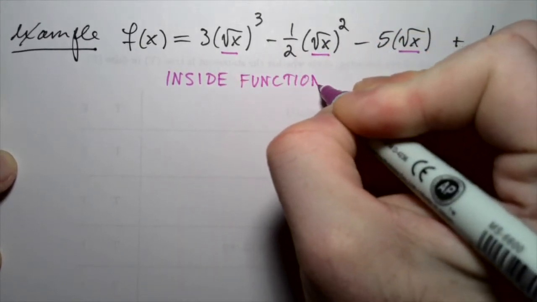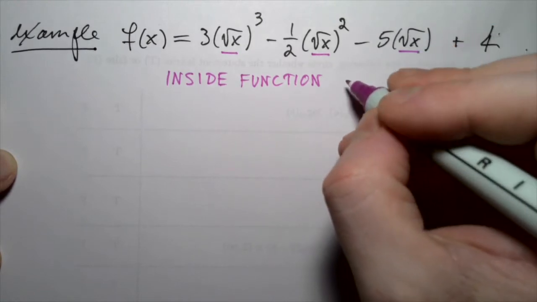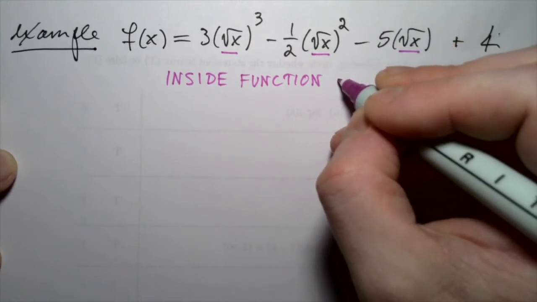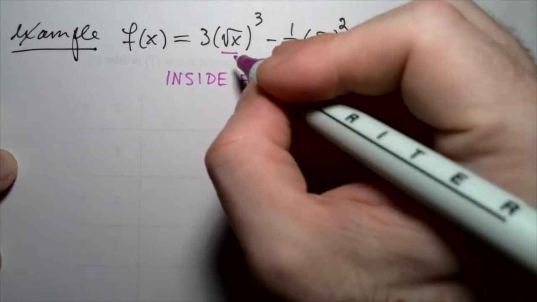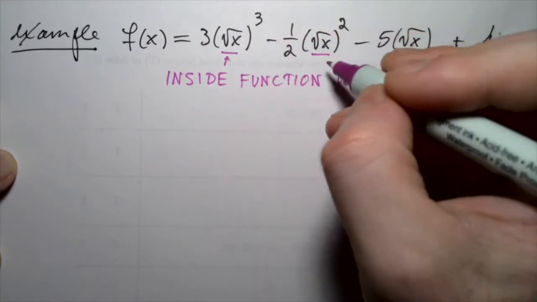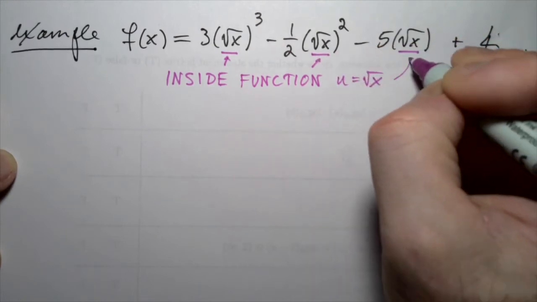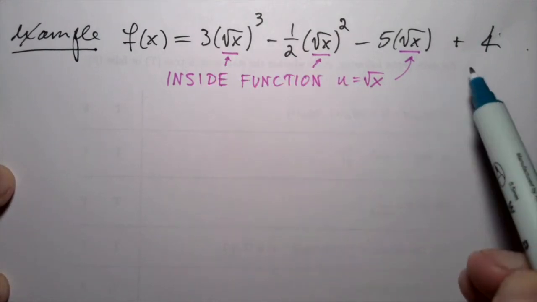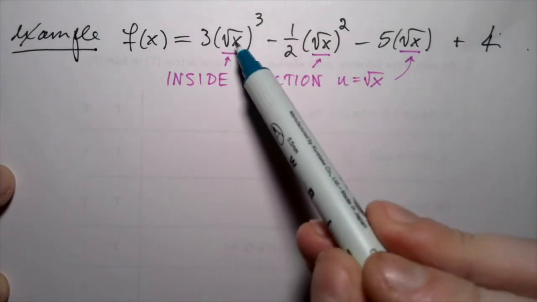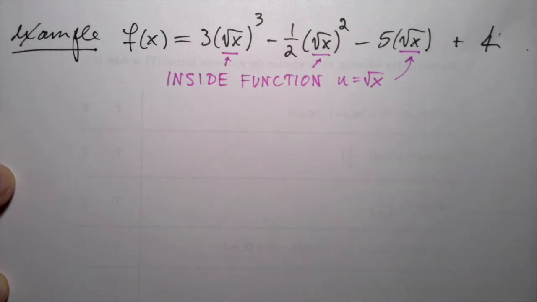The inside function is going to be the square root of x. I'm going to use the u notation again. What would the outside function be? Well, it would be the whole thing, but everywhere we see a square root of x, we're just going to think of it in terms of the variable u.